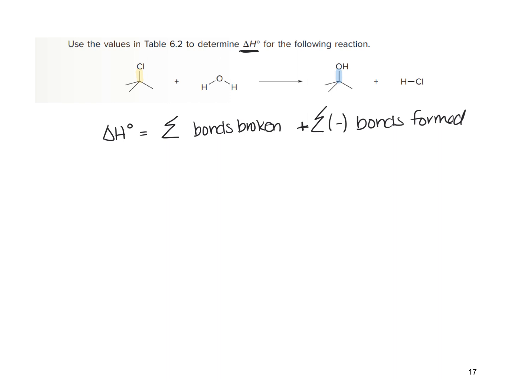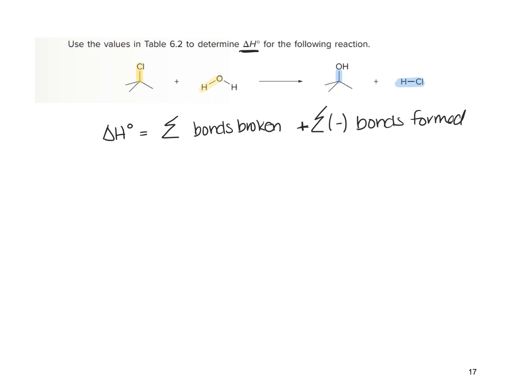So this bond is also broken, okay? Then, I'm going to make those a little darker. Okay, then I'm going to see what bond forms over here, and we can see that this HCl bond is going to be a new one that forms. So we're looking for the bonds that change between the reactants and the products.